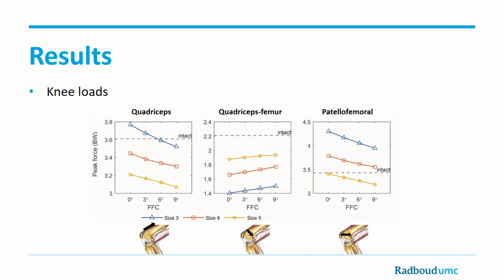This is increased by more flexion, which eventually results in a reduction of patellofemoral forces. So basically, more flexion of the femoral component determines a shift of the force from the patellofemoral compartment to the quadriceps tendon to femur compartment, which can also be useful to reduce pain.